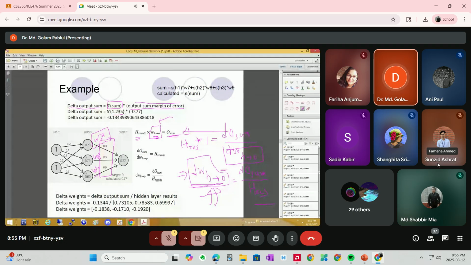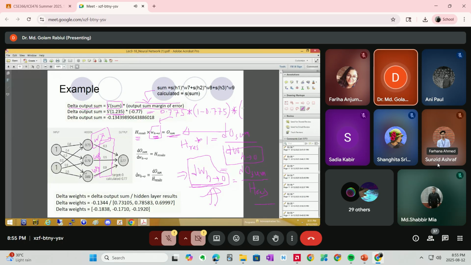So it will be 0.775 times 1 minus 0.775 times the output sum margin error.